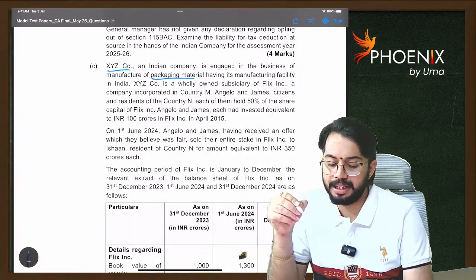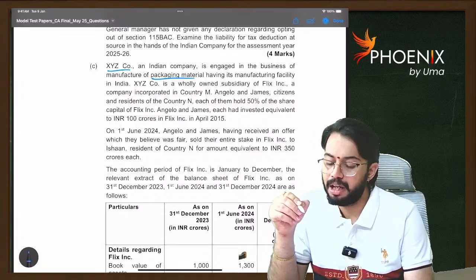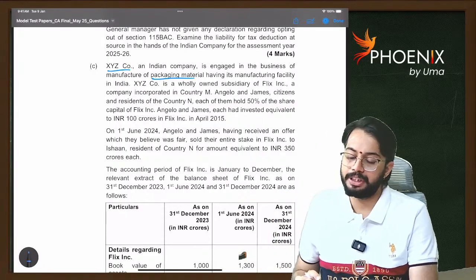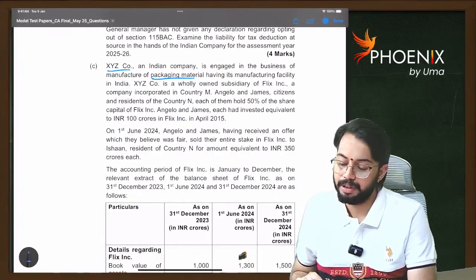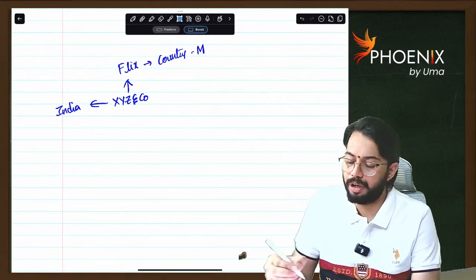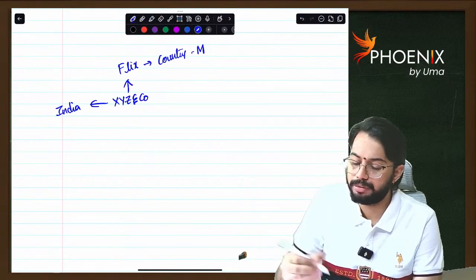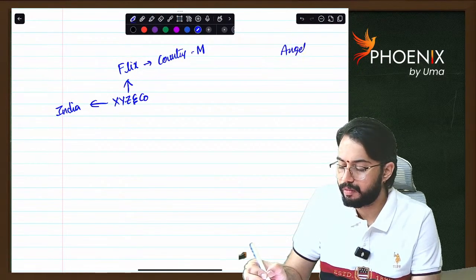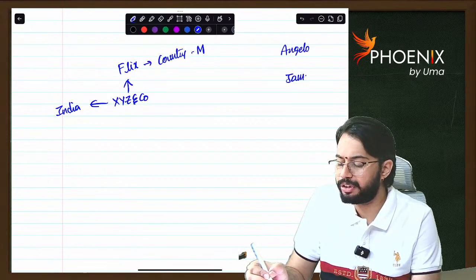Angelo and James, citizens and residents of country N, each of them hold 50% share capital of Flix Inc. So there are two shareholders, Angelo and James.